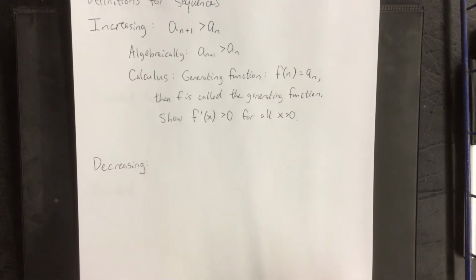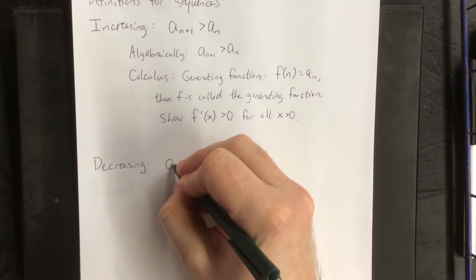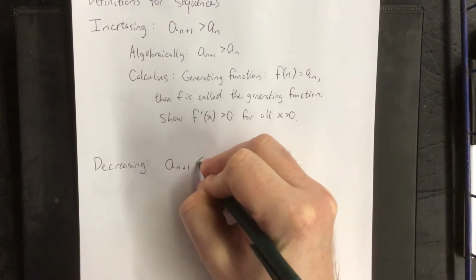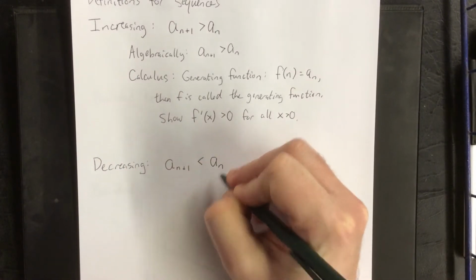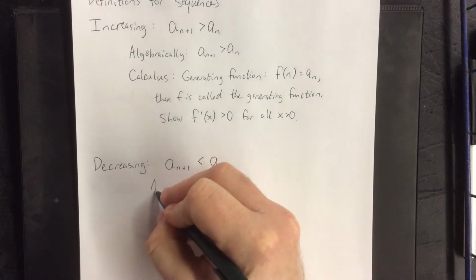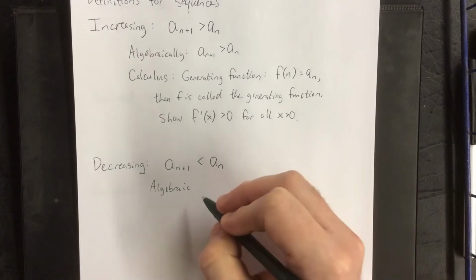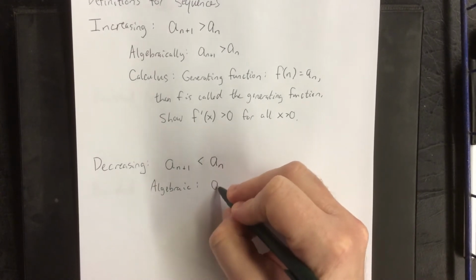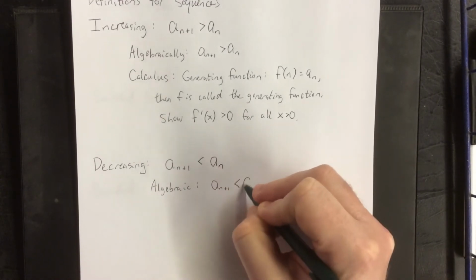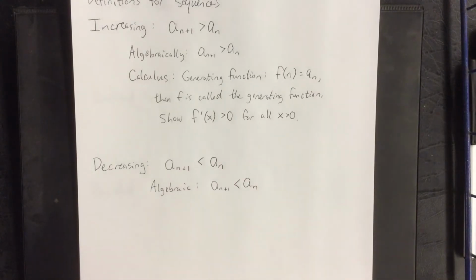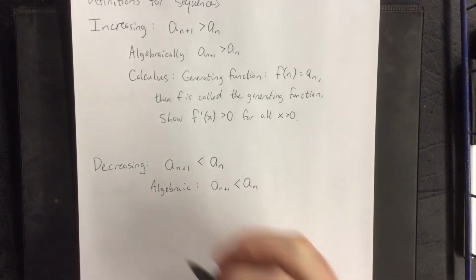Now, related definition, a sequence is decreasing if later terms are less than their previous terms. Algebraically, you would set up this inequality and manipulate it into some sort of tautology. Tautology is something that is always correct, or identity would probably be a better word for that.